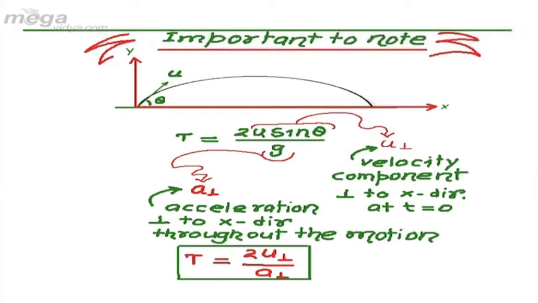So I will rewrite the time of flight for this projectile to be equal to 2 times u perpendicular upon a perpendicular. Remember, u sine theta I have written as u perpendicular and g is the a perpendicular, meaning perpendicular to the plane over which this projectile had been thrown.